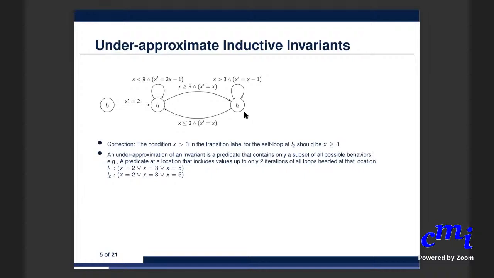This is a bit of a trick, okay? It's a tricky question, so maybe I will answer it. If you only consider up to 2 iterations, will it ever exit L1 to L2? See, with initial value x equal to 2, as long as it's less than 9, it will still stay in L1.